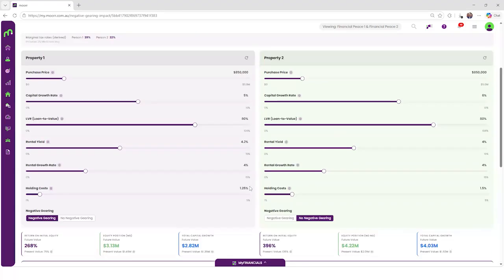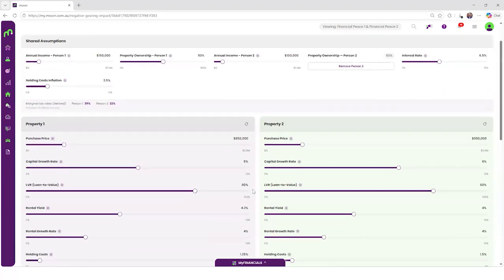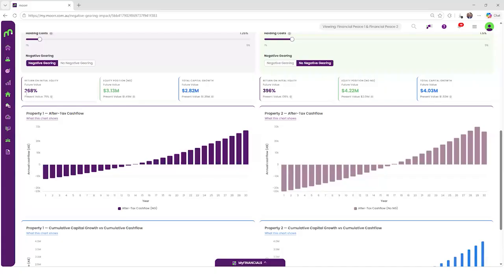So it is fundamentally an important story to look at, obviously, a 268% return versus a 396% return. And you can see over that 30-year period, the potential difference in wealth that's created as well. So it is an important story.